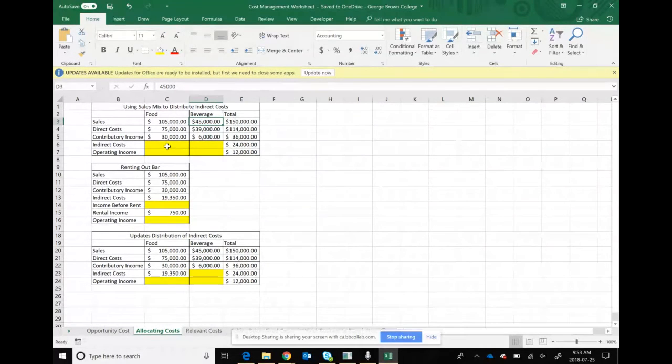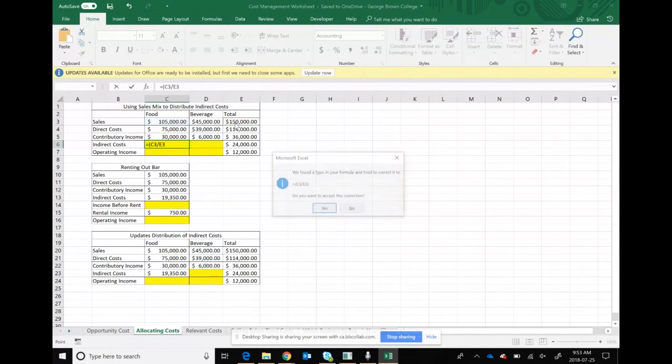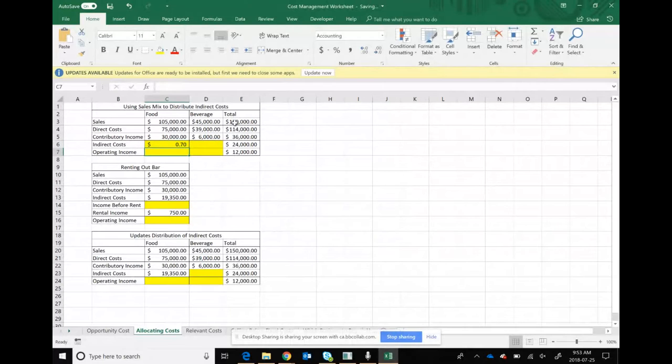So our food sales was 70% of our overall sales. So we allocate 70% of our total indirect costs to our food department.